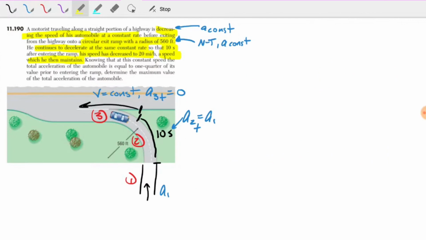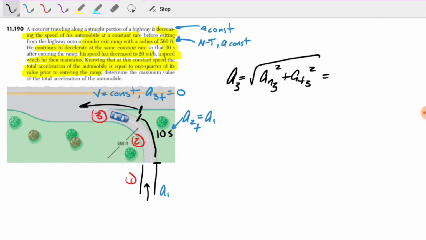Knowing that it is constant speed, the total acceleration of the automobile is equal to 1/4 of its value prior to entering the ramp. At this constant speed, so we're talking about space 3, the total acceleration A3 is the square root of AN3 squared plus AT squared.